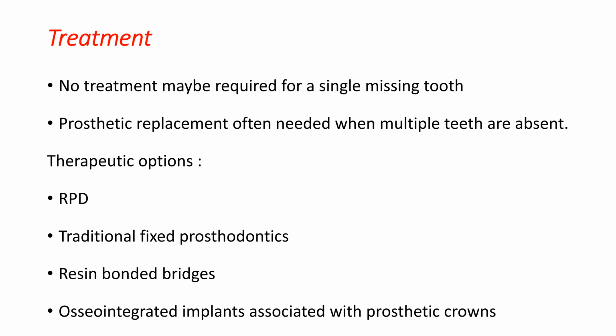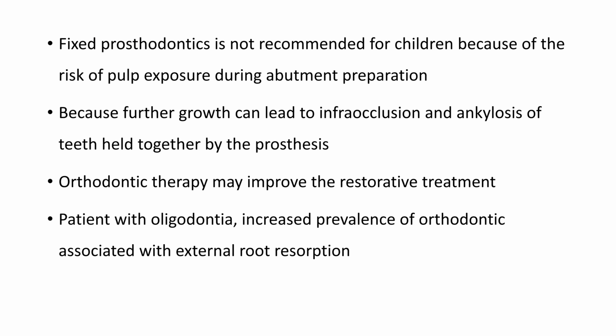Therapeutic options include RPD, removable partial denture, traditional fixed prosthodontics, resin bonded bridge, or osseointegrated implants with associated prosthetic crowns. Use of fixed prosthodontics typically is not recommended for children because of the risk of pulp exposure during abutment preparation, and because further growth can lead to infraocclusion and ankylosis of teeth held together by the prosthesis.